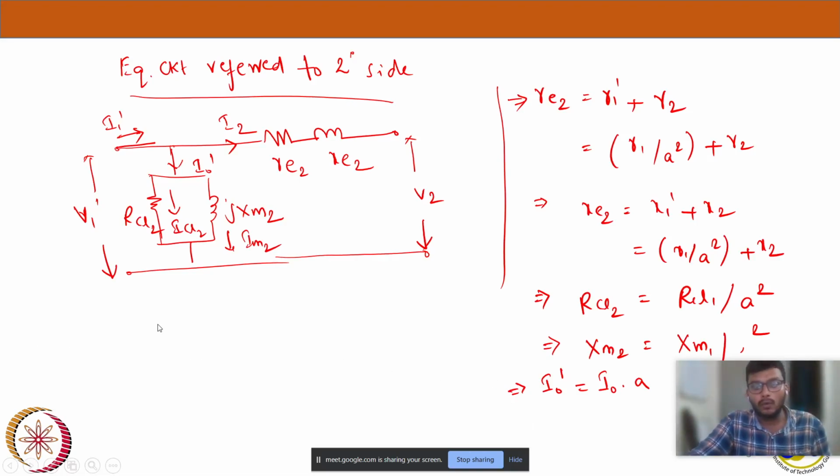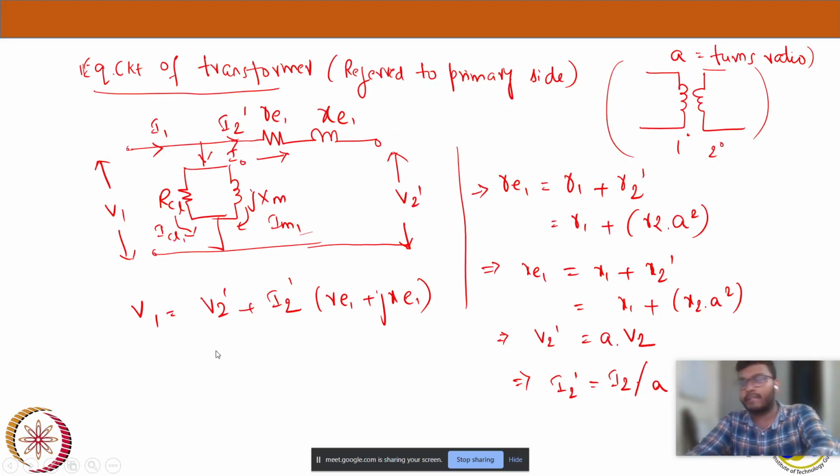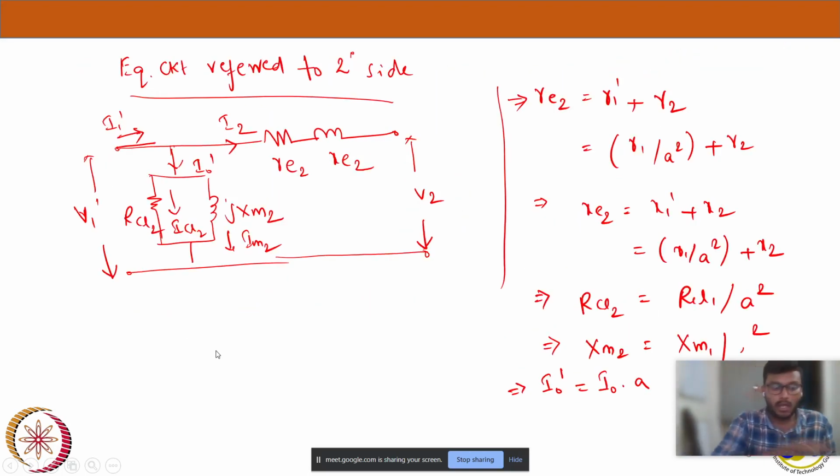Okay, now with these two equivalent circuits, we know how many equivalent circuit parameters are unknown, that is RE2, XE2, RCL, that is core loss resistance, and XM, magnetizing reactance. So these are the 4 equivalent circuit parameters which we have to calculate. Now let's say someone has given you a transformer and asked you to find the equivalent circuit parameters.